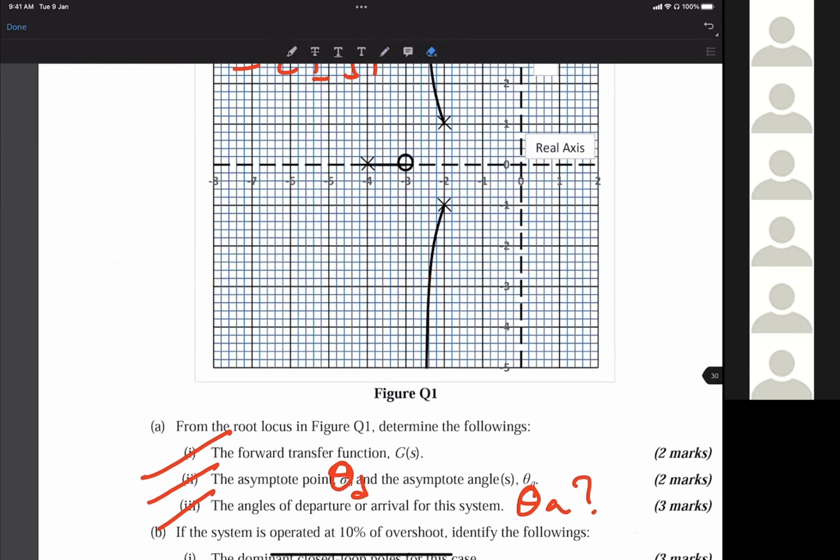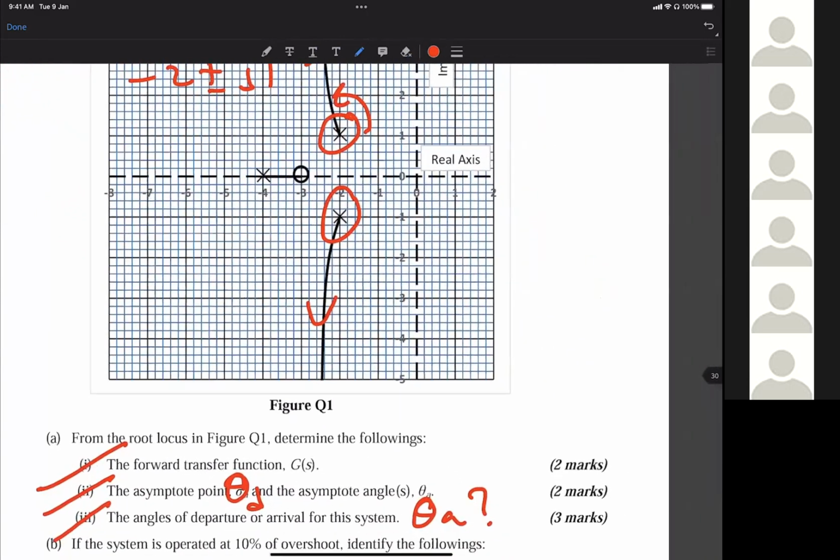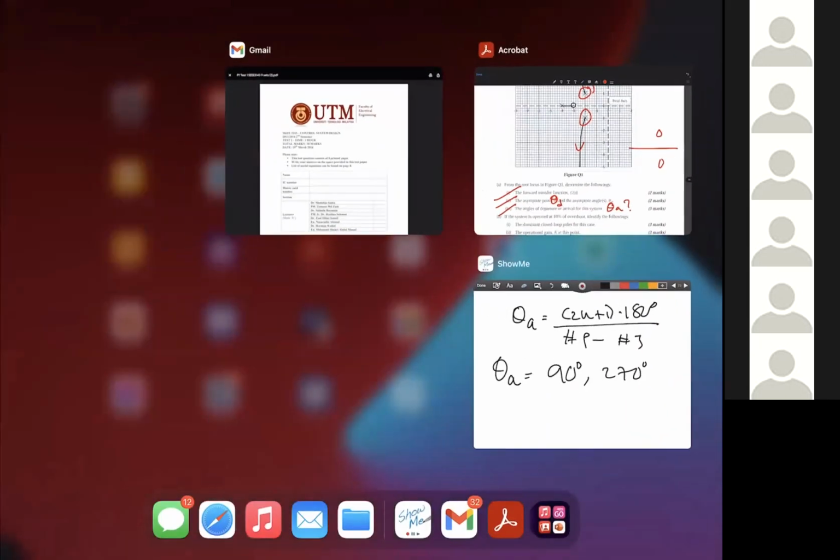Angle of arrival, like in the previous test just now, occurs at complex conjugate zeros.